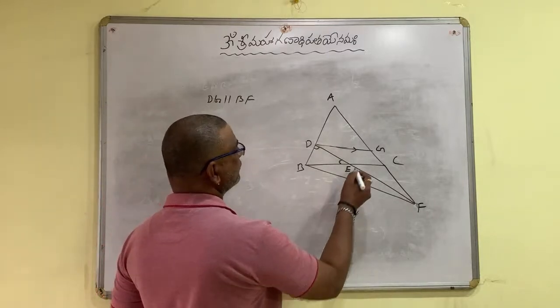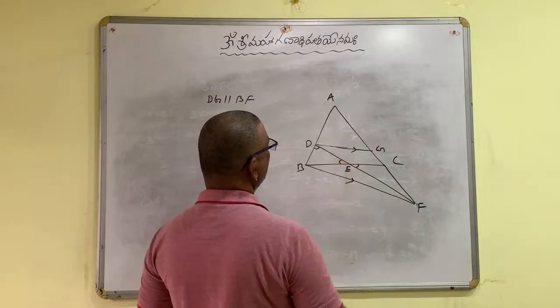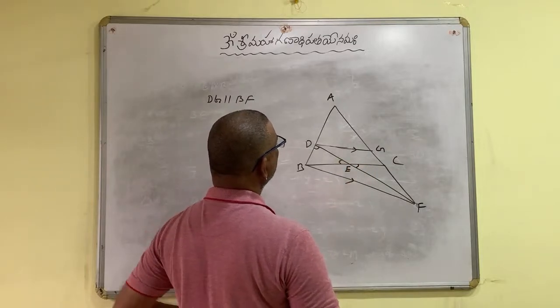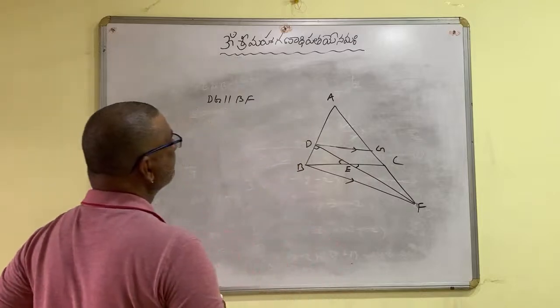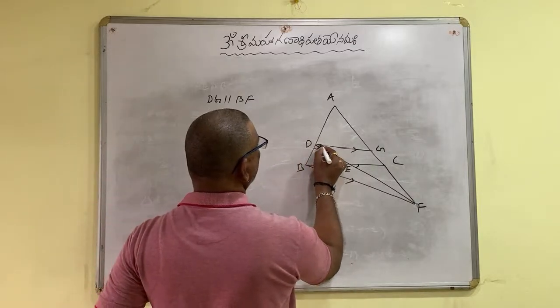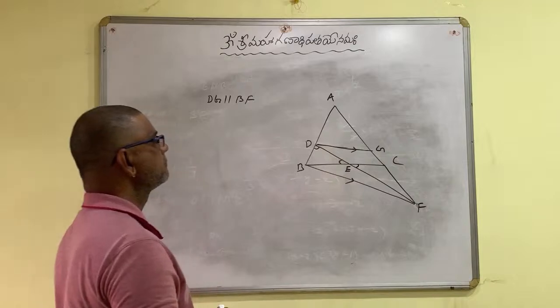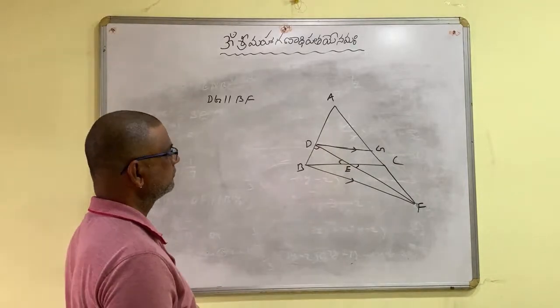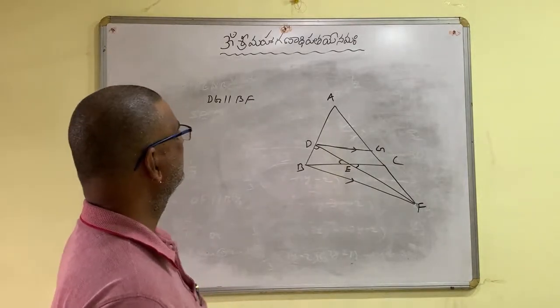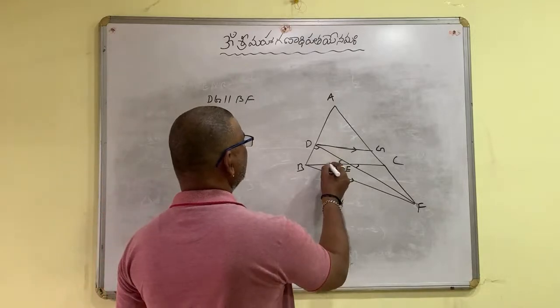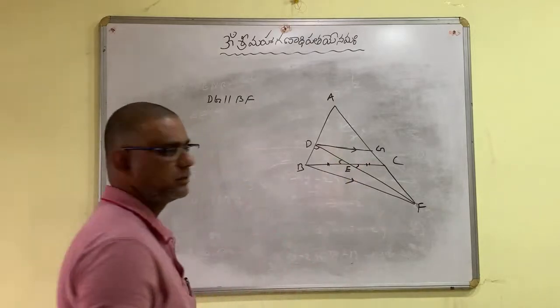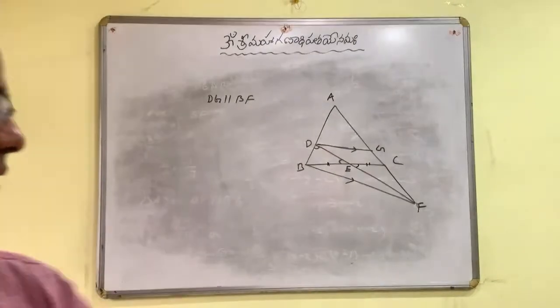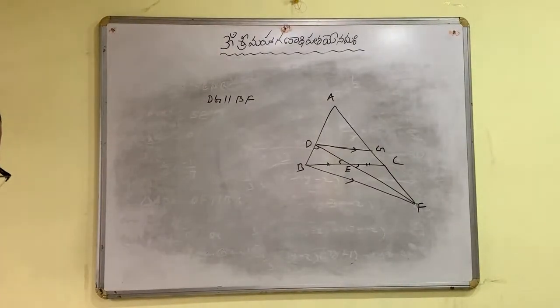These two angles are equal, vertically opposite angles. This is parallel. This side is also equal, since E is the midpoint of this.